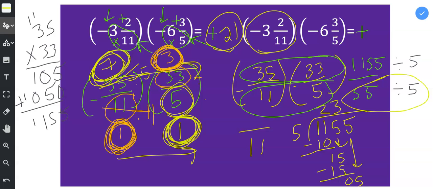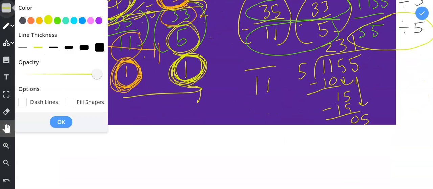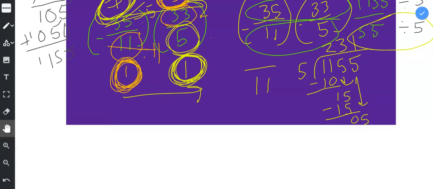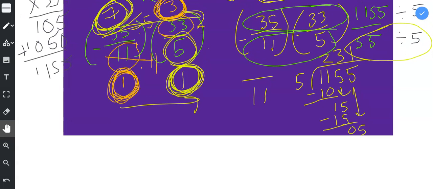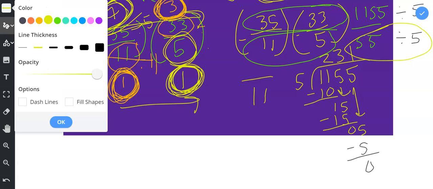Bring down the 5. 5 goes into 5 1 time. All right, I better switch colors so we can see it. 5 times 1 is 5. All right, so 231 was the result.